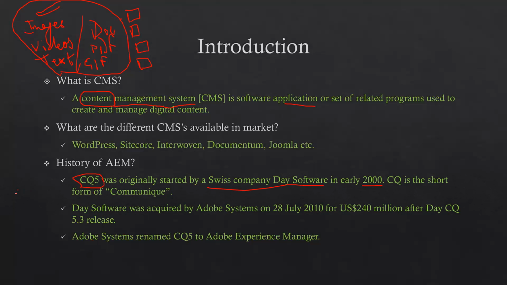This is the reason why in the job postings, you might find people calling an AEM developer a CQ5 developer as well. Initially it was called CQ5, so almost for 10 years it was CQ5. This is the reason sometimes in the job postings, you will find that they are looking for a CQ5 developer, and ultimately both are the same thing.